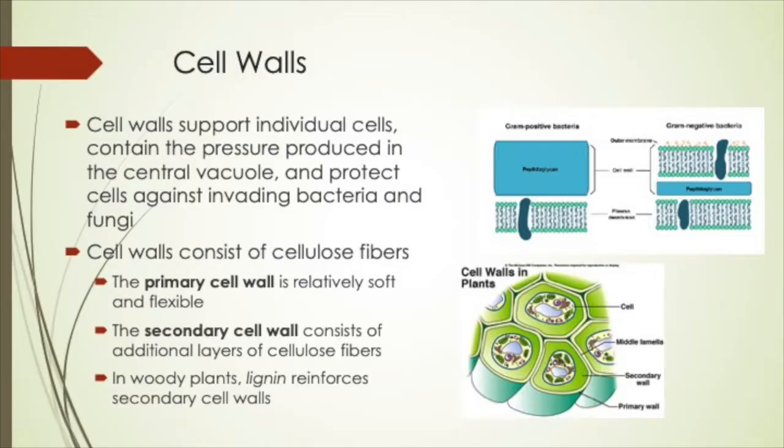So bacteria usually have what's called gram-negative or gram-positive. So it'll depend on where the cell wall is as to whether it's gram-positive or gram-negative. If it's gram-positive, the cell wall is on the outside. If it's gram-negative, the cell wall is on the inside of a plasma membrane, and it's a lot thinner.